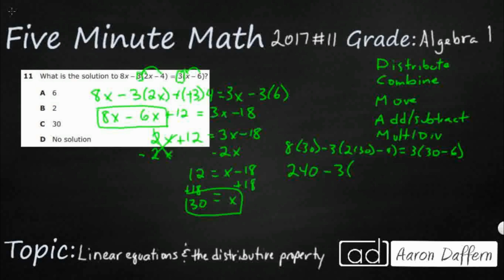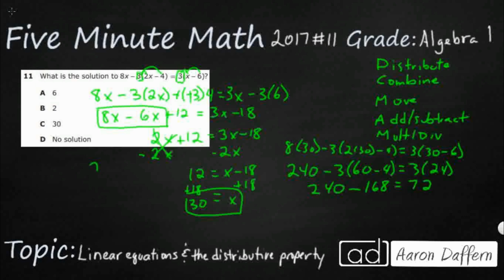I've got 2 times 30, that's 60 minus 4. And then I've got 3, and that's going to be 24. So I need to do a little bit more multiplication here. So that's 3 times 56. So that's going to be 240 minus 168 equals 3 times 24, 72.